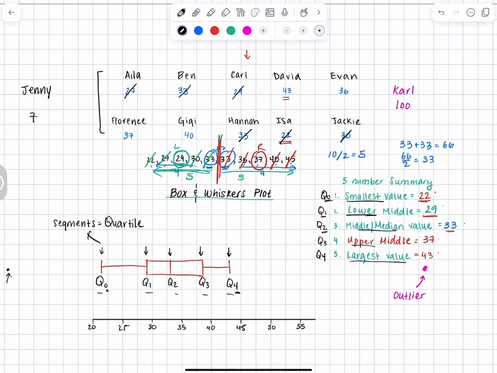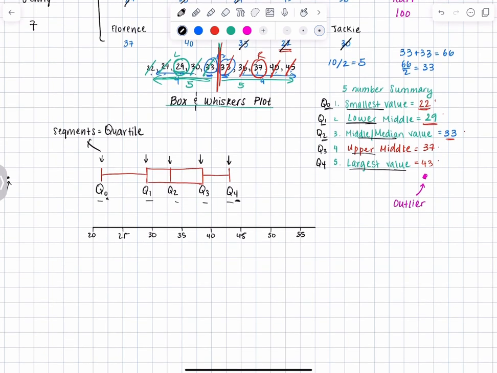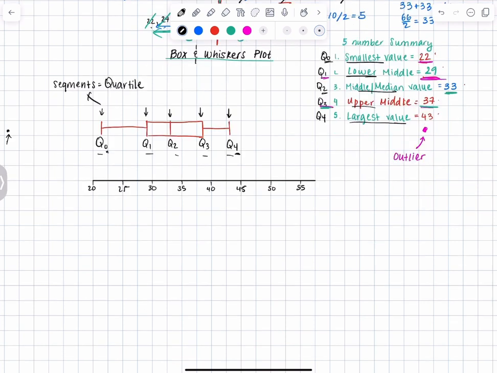So how do you know if it's definitely an outlier or not? Well, there's a simple formula to find out what is an outlier and what is not. So we're finding out the bounds of what can be an outlier or not. The formula for the lower outlier bound is Q1 minus 1.5 times IQR. We'll find out what IQR is in a second.